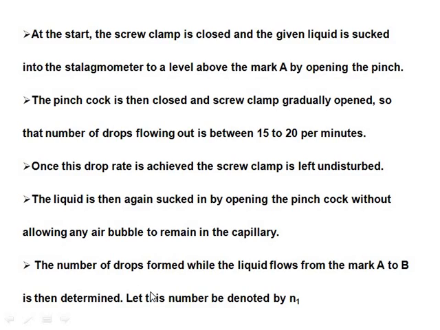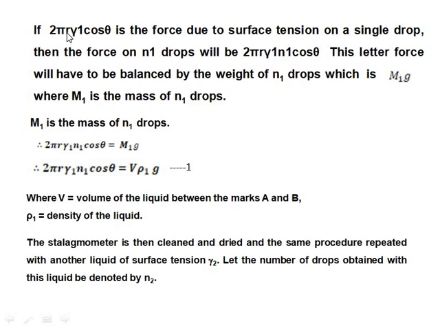So how will you determine this? Let the number of drops be denoted by N1. If 2 pi r gamma 1 cos theta is the force due to surface tension on a single drop, then the force on N1 drops will be 2 pi r gamma 1 N1 cos theta.